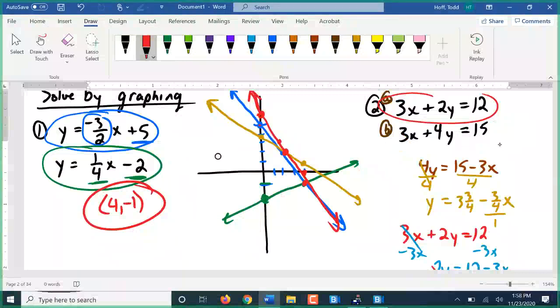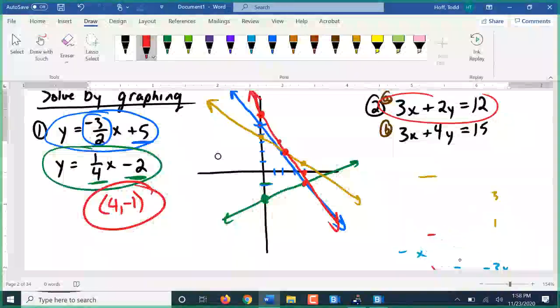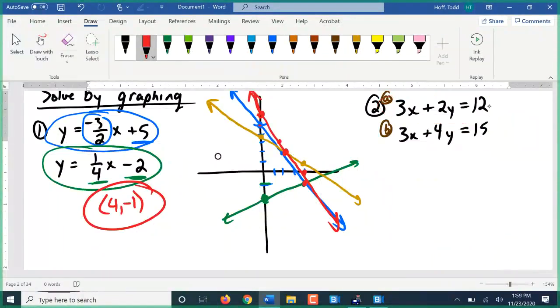The exact values here. I would have just multiplied the top equation by a negative 1, which would have given me a negative 3x minus 2y equals negative 12.